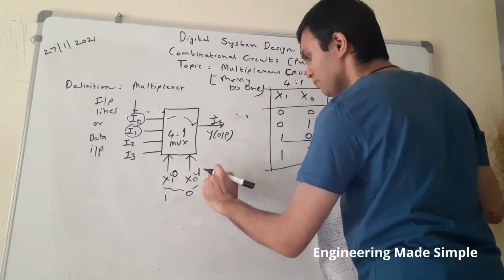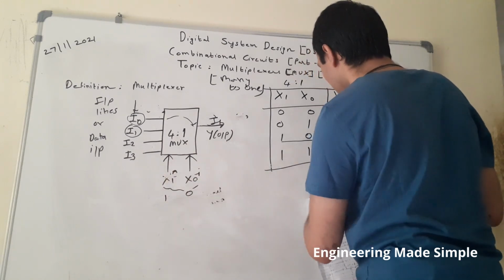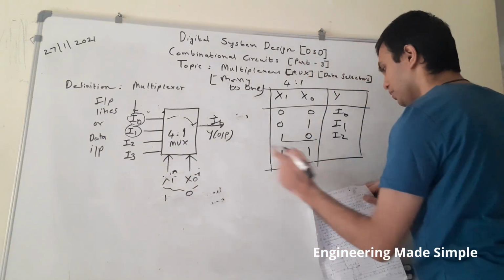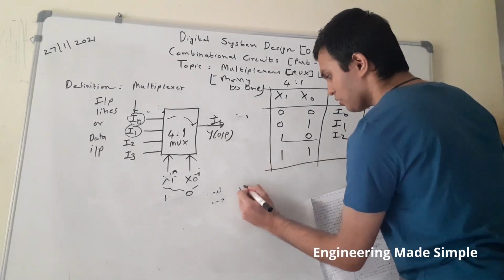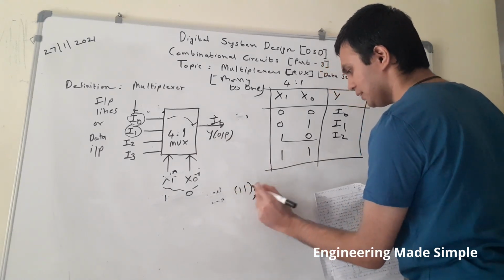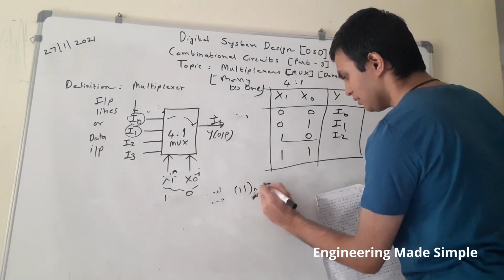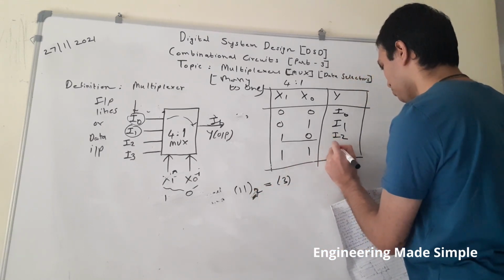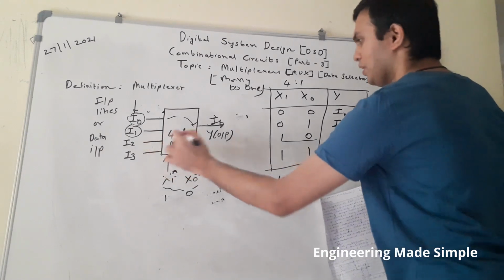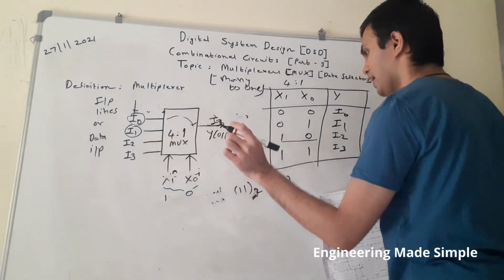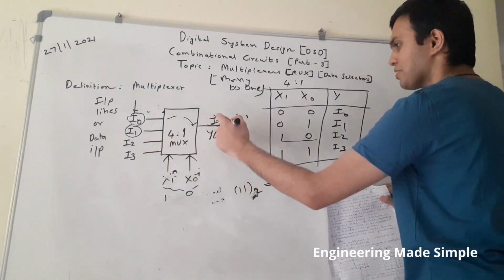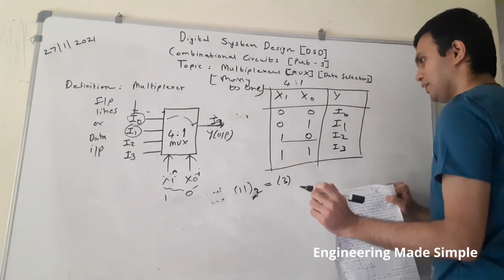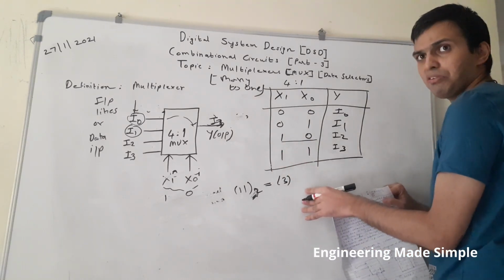For 1 0 it would be I2, and for 1 1, which in binary is decimal 3, I3 will be selected. So this particular input will be passed on to the output and displayed. So this was the truth table for 4:1.